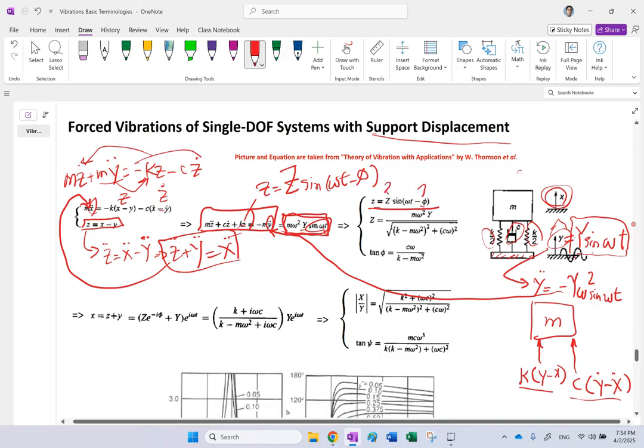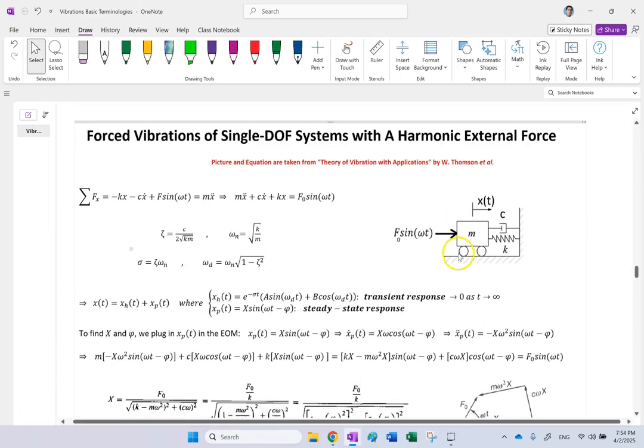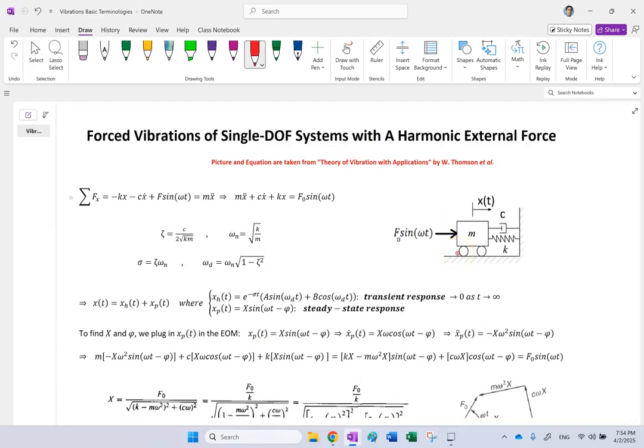What is capital Z? And if you look at this problem against the one that we had with the external force, let me go back to it for a second so you can see it. There we go. Look here. This is exactly similar to this one. The only difference is z is replaced by x here, and this F naught in our problem is m omega squared capital Y. The rest of it is exactly the same.